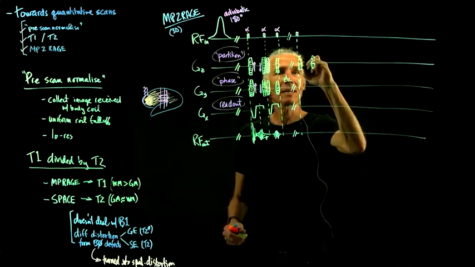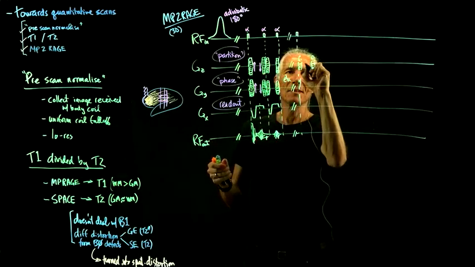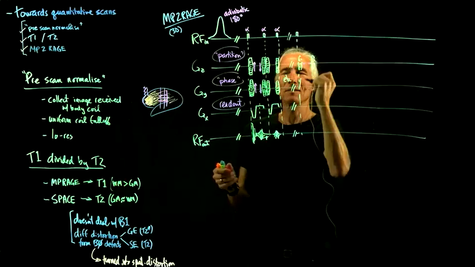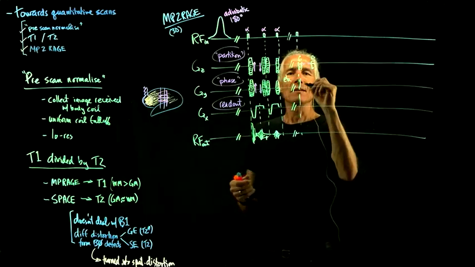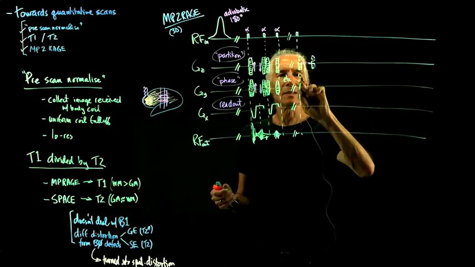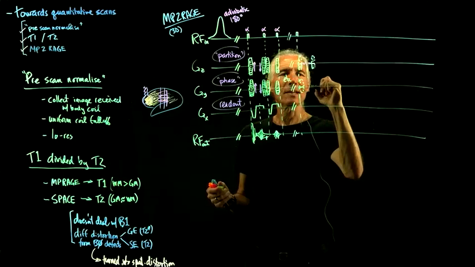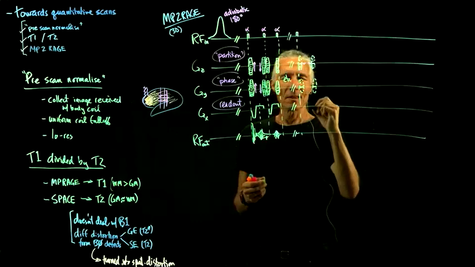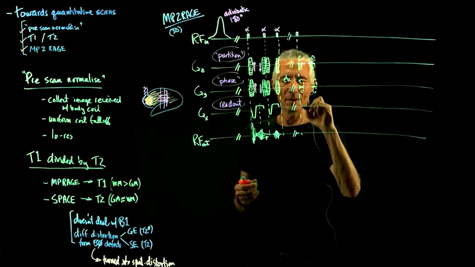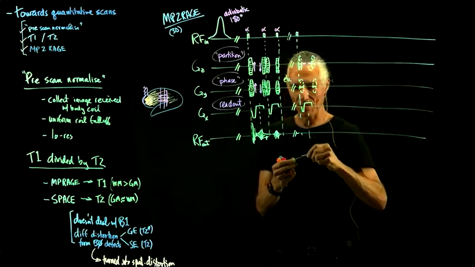So just pick out the middle one, which is no gradient because that's the actual center of k-space. Okay, so there's the center of k-space. I'll dot that one because we're actually picking out the middle. And then we still have to go to the left side of k-space and read it out, but this guy will be the biggest echo.